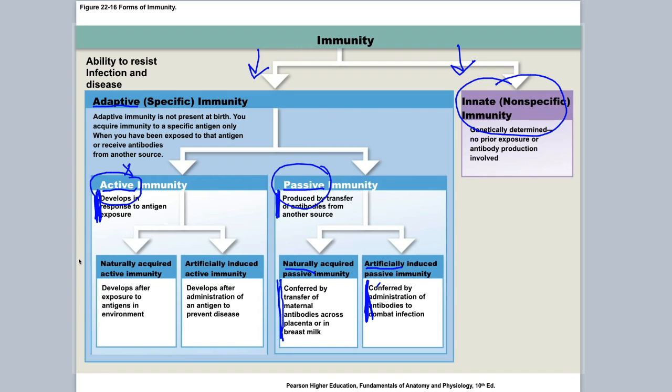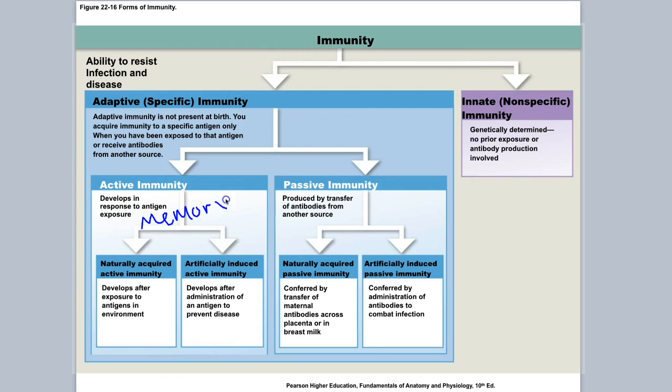So they recognize those pathogenic molecules, and then the cells develop an immune response. So in the body now, we have cells stored that remember that pathogen. So active immunity actually involves memory. The passive immunity does not. Okay, so active immunity involves memory. So these cells, they're exposed, they develop an immune response, and then they remember the pathogen.